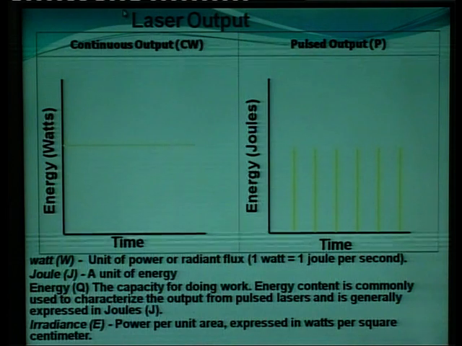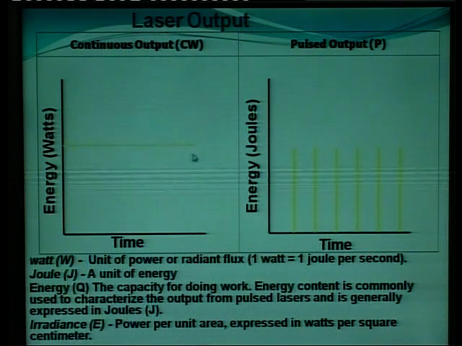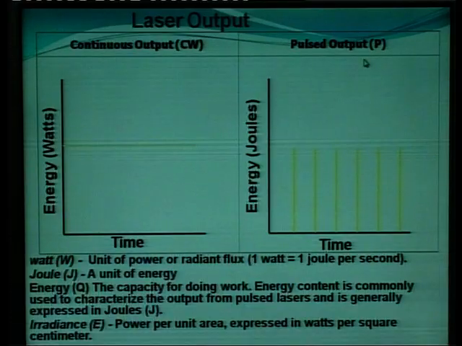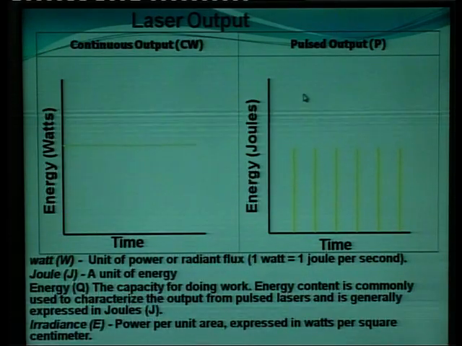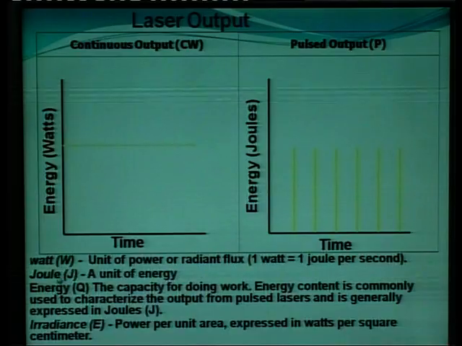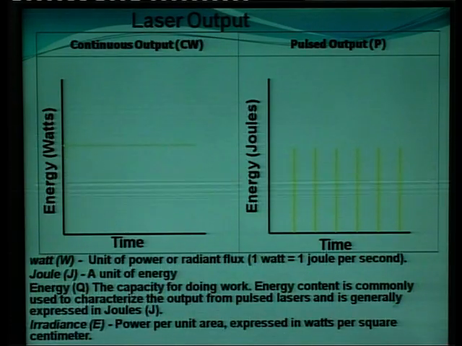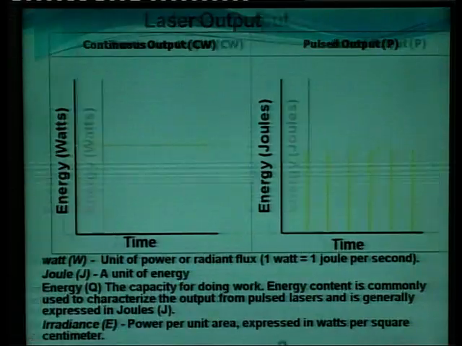First, on the basis of output, the laser can be a continuous one, it can be a pulsed one. That means we are getting pulses of energy. So this is energy versus time, this is the graph for a continuous wave and this is for a pulsed output.